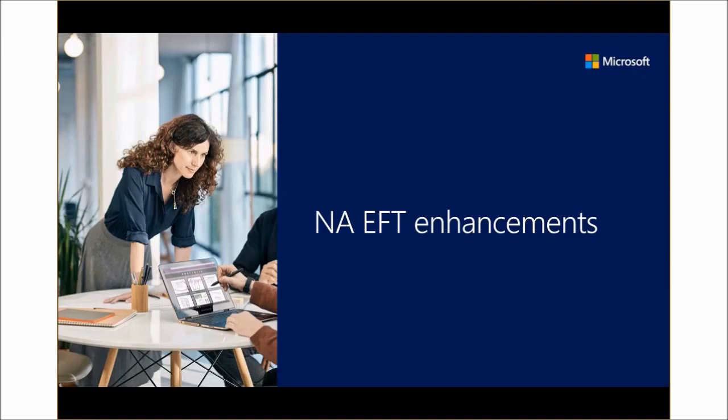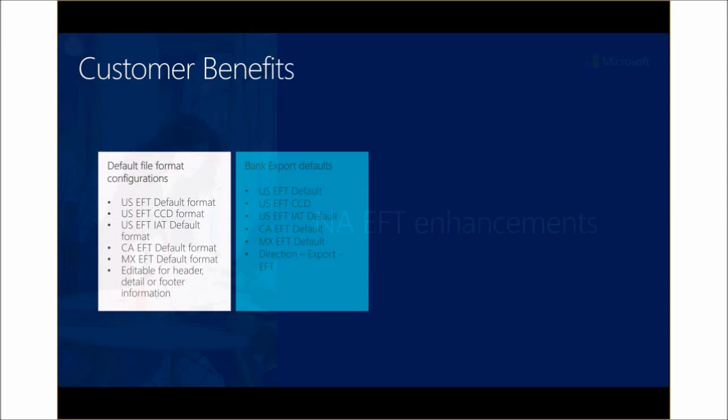Next is about North America electronic fund transfer enhancements. So we've created now default file format configurations for the U.S. electronic fund transfer, for Canadian and international, as well as the bank export defaults that we have.